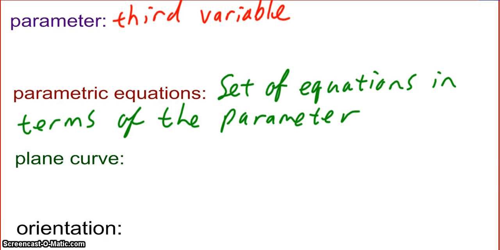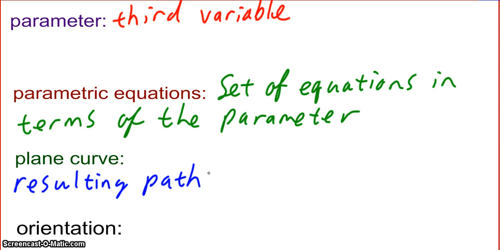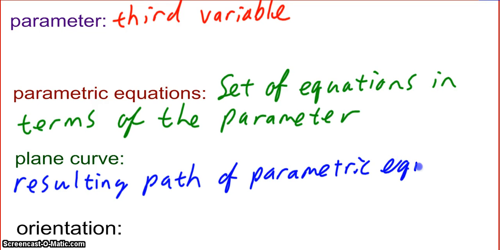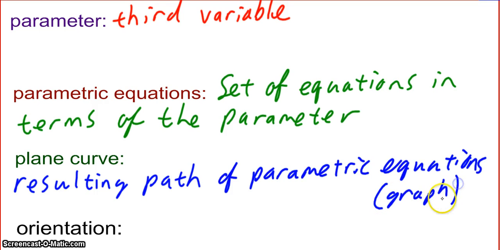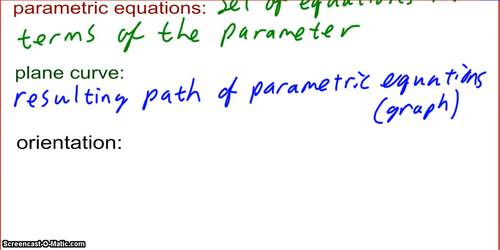The plane curve is the resulting path of parametric equations. That's a really fancy way of just saying it's the graph. And the orientation is the direction of the curve for increasing values of the parameter.